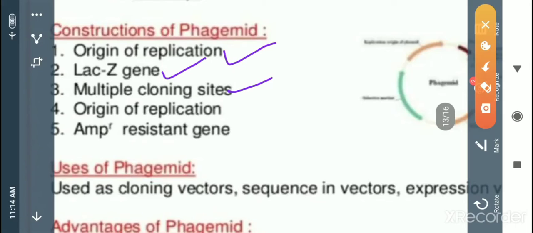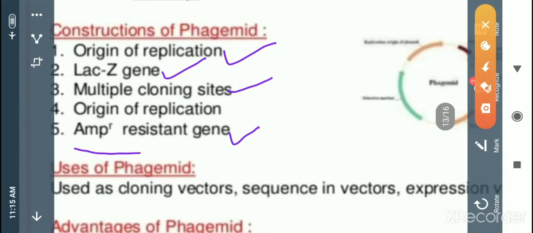And the ampicillin resistance gene, which is a very important thing. If you want to grow any individual in the ampicillin culture medium, then the vector has the capacity to overcome and grow in that ampicillin medium by the presence of this resistance gene.